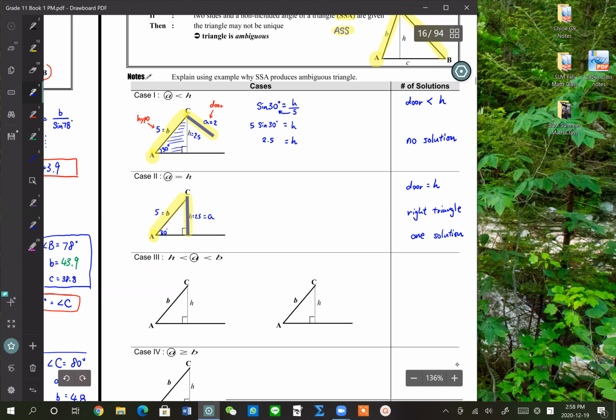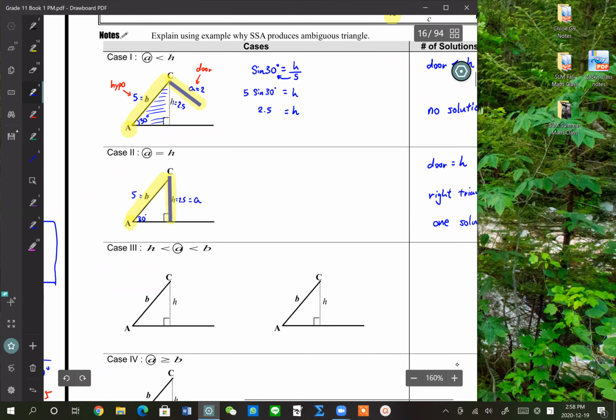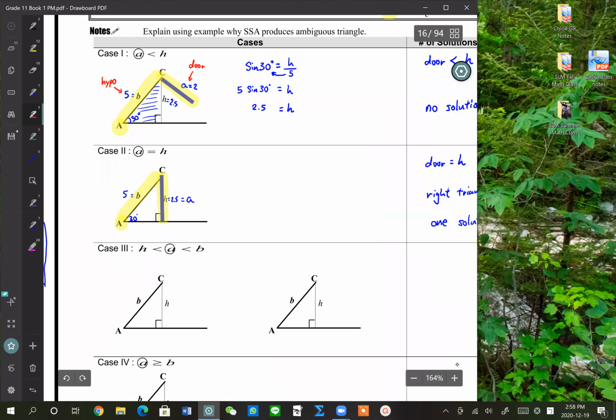I will make the door even longer. The door is the one in the middle, the A. So keeping the same measurements, 30 degree, the 5, and then we have a moving door. The height is 2.5. This time it says the door is between the height and hypotenuse.